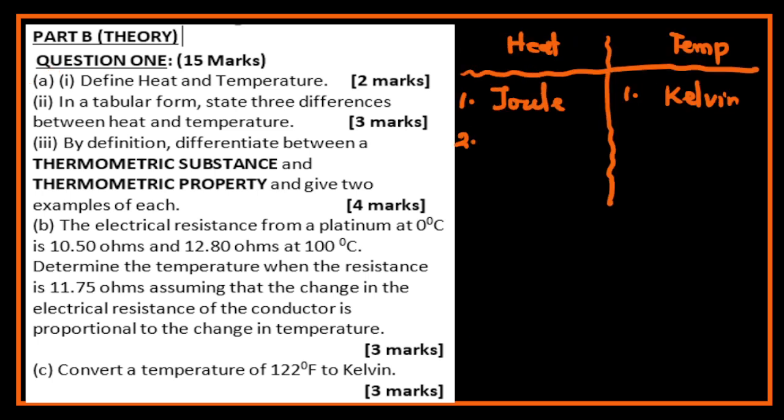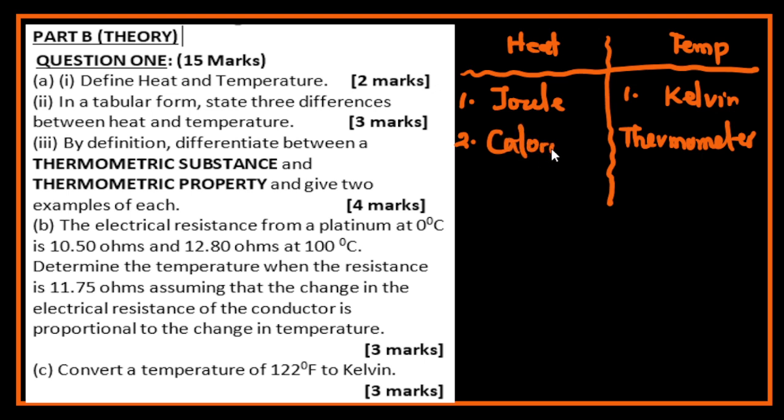So okay, we measure temperature using a thermometer. Oh, sorry, I should write this under temperature. Temperature, you measure it using a thermometer, while for heat, you measure using the calorimeter.